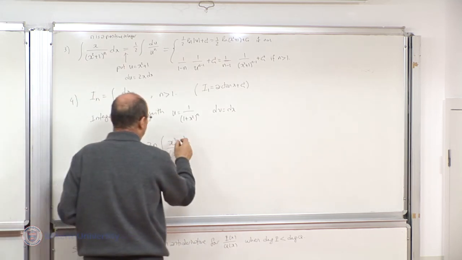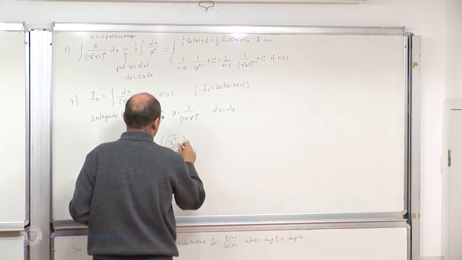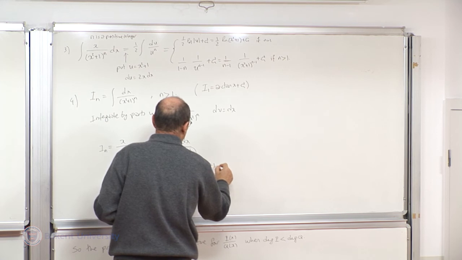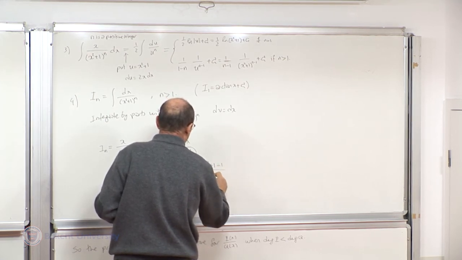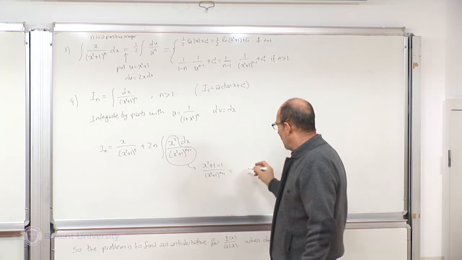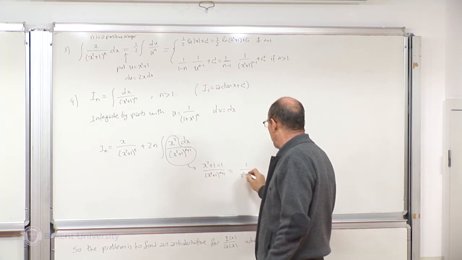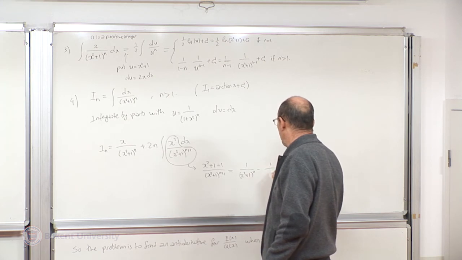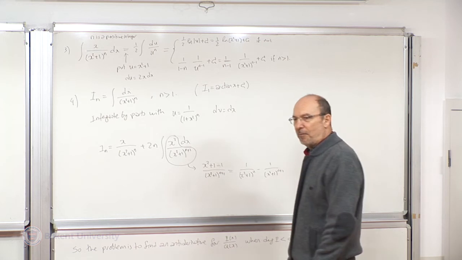Okay, but this one you can write as follows. You can write x squared plus 1 minus 1 over (x squared plus 1)^(n+1). So it becomes, this one cancels, you have (x squared plus 1)^n minus 1 over (x squared plus 1)^(n+1).